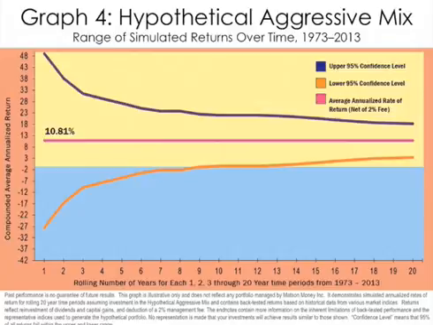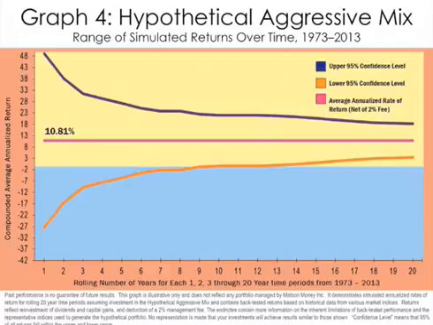This is our aggressive mix. Now, you may recall that the aggressive portfolio consisted of only 5% in the fixed asset category and 95% spread, 50% in U.S. equities and 45% in international equities. So we can observe the following from graph 4.